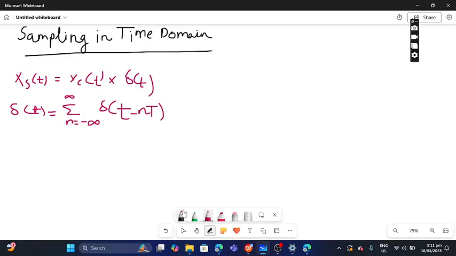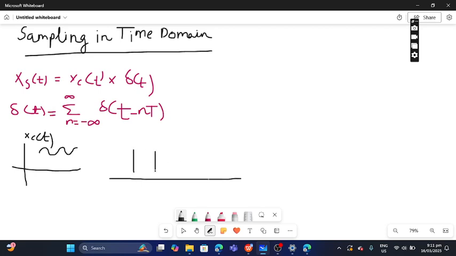Okay, now we will see what the plot says. This is our first plot. It says x_c of t. This is your x_c of t. Now if we want to make delta of t here, it is like something here.